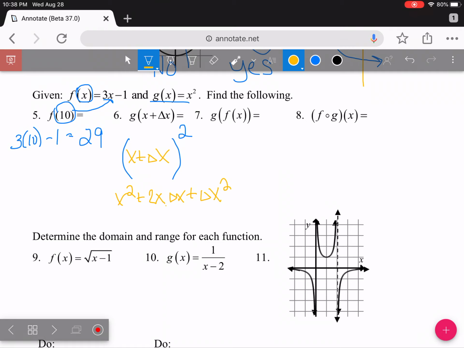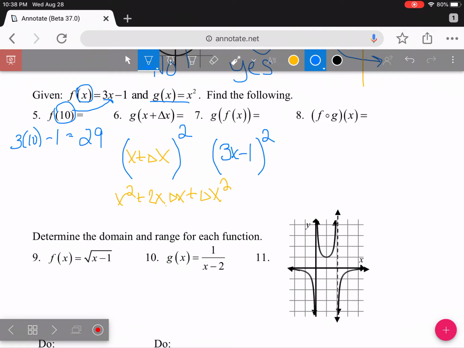Now g of f of x, well, that means that we have g of x, which is something squared, and we're going to put f of x anywhere we see an x in g of x. So f of x is 3x minus 1.